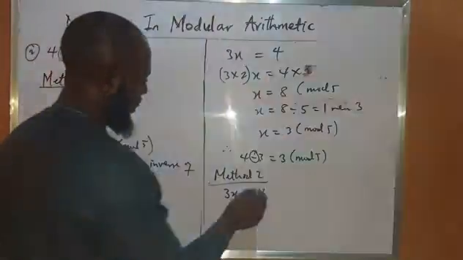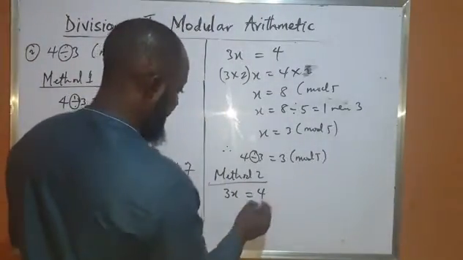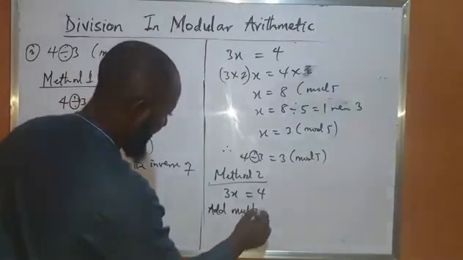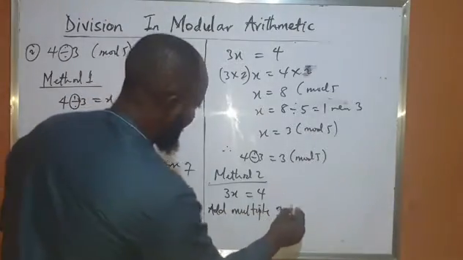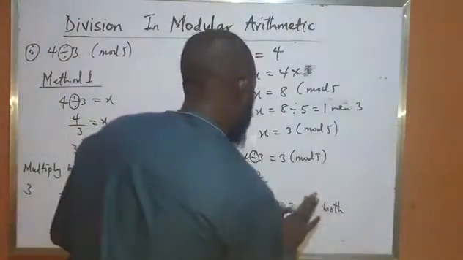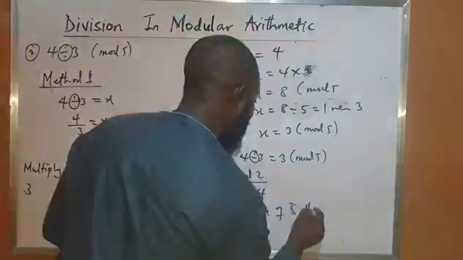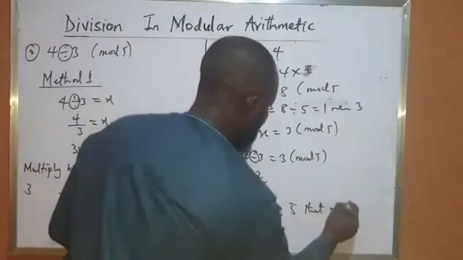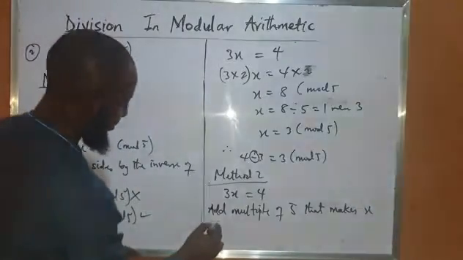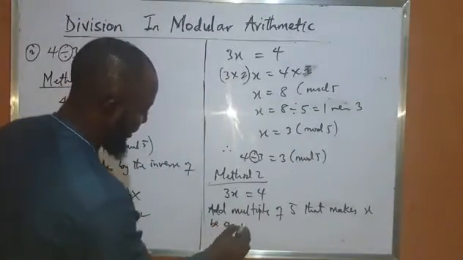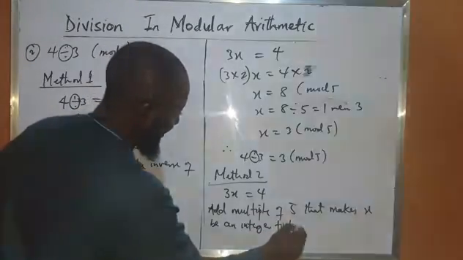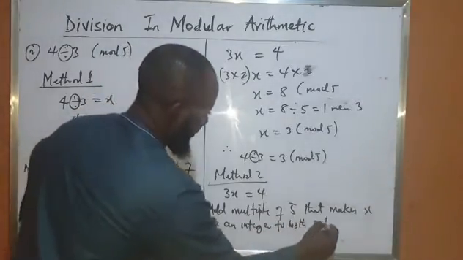So add a multiple of 5 to both sides, one that makes x be an integer.